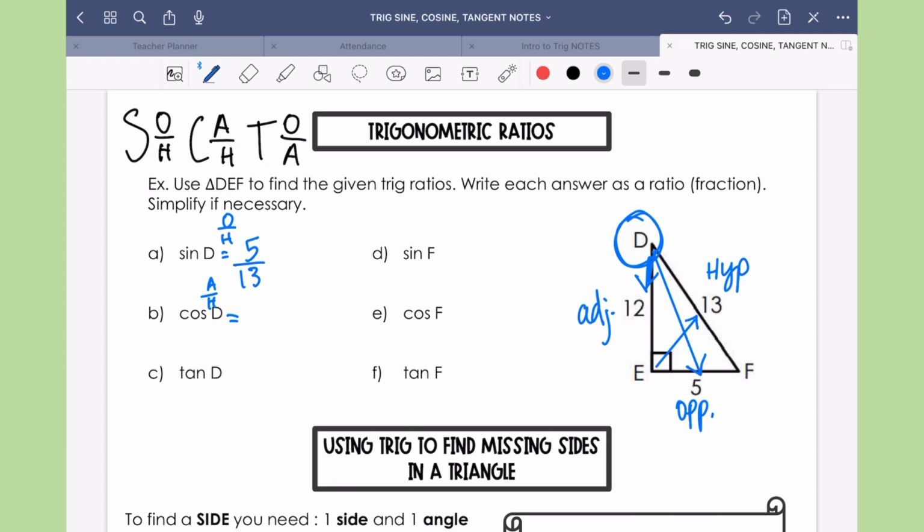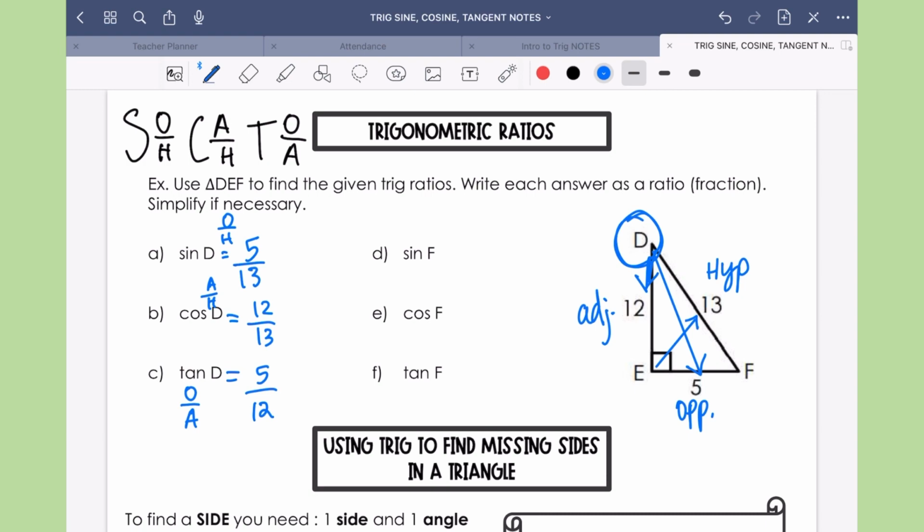So adjacent over hypotenuse. Adjacent is 12, hypotenuse is 13, so 12 divided by 13. And tangent is TOA, so opposite over adjacent. My opposite side is 5 and the adjacent length is 12. That's it. This is just setting up trig ratios or fractions.